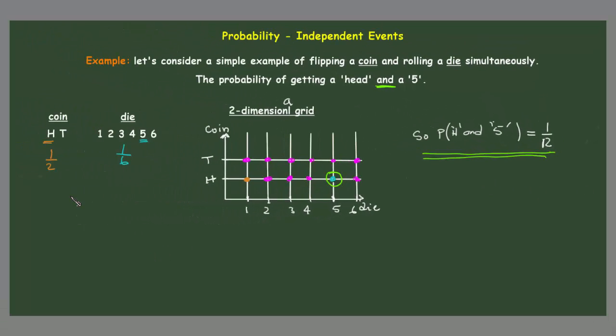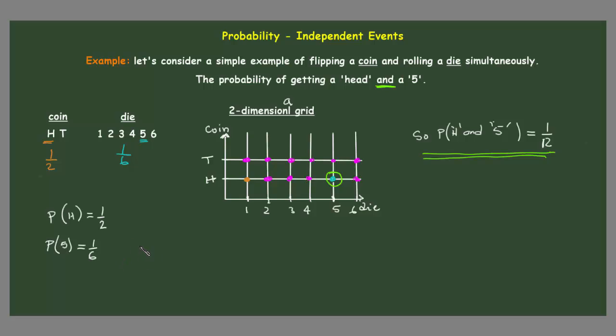Still, we can do that separately as we did here. With a two-dimensional grid, it's easy to lay it out, but we can also do it separately. We said the probability of having a head is 1/2, and the probability of having a 5, pardon, on the die is 1/6.